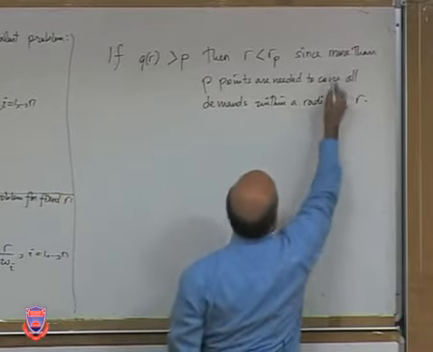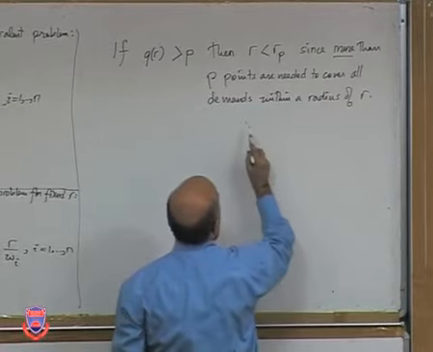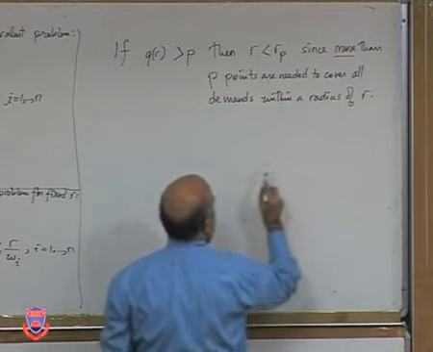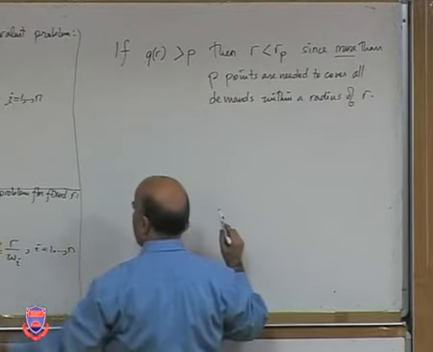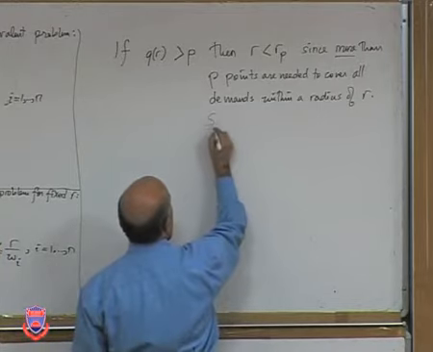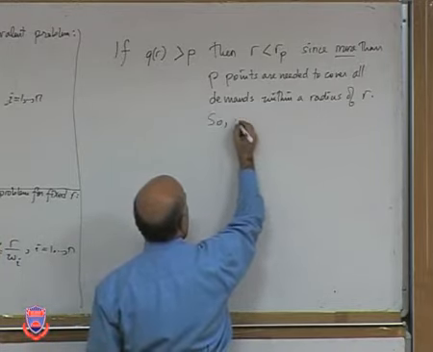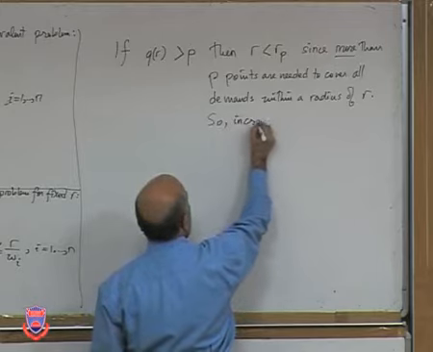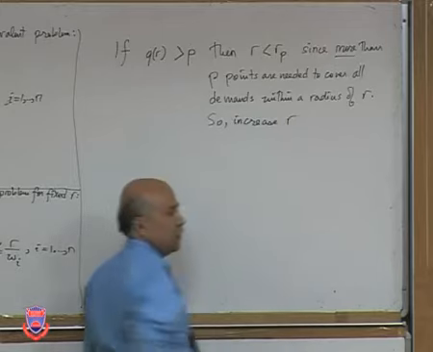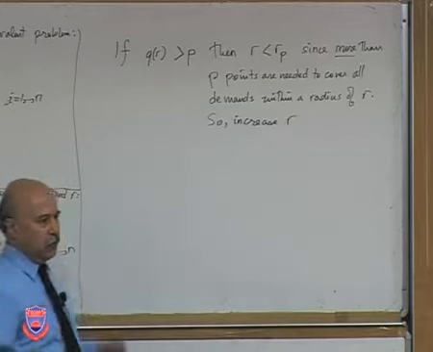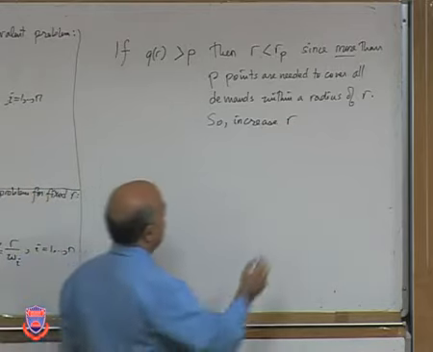And in that case, of course, more than P points are needed to cover all demands within a radius of R, in other words, to satisfy these constraints. So in this case, increase R somehow and resolve the problem.